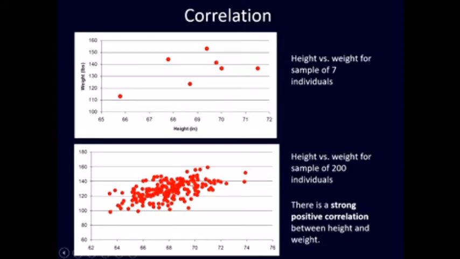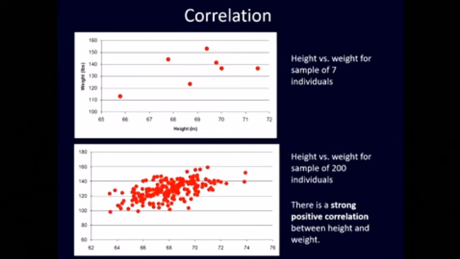Here's the same thing, but from the whole data collection that those seven came from. You can see there's a line sloping upwards through the points like that. So that's a positive correlation. But it's noisy, right? It's not a perfect straight line. That's okay. This again is a statistical concept.